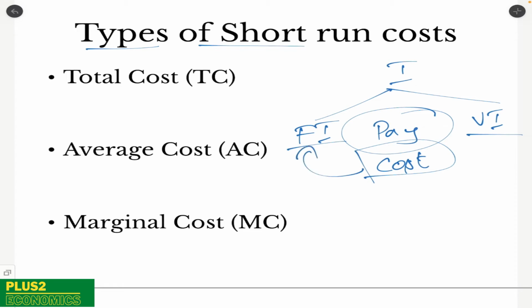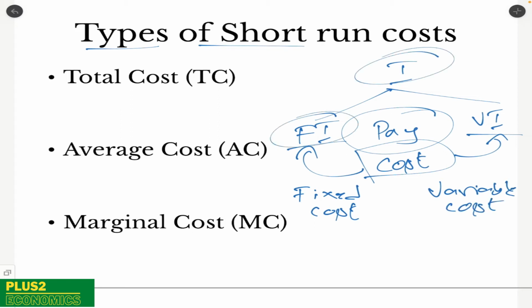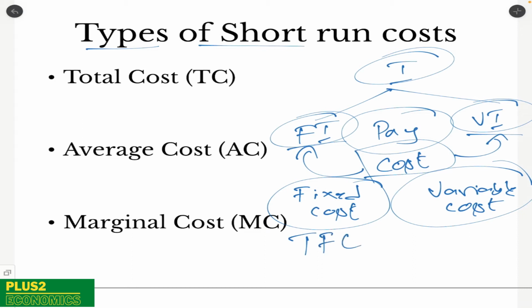So the cost that we incur in order to procure the fixed inputs becomes the fixed cost, and the cost that we incur to procure the variable inputs become the variable cost. Simple. So inputs are of two types, fixed inputs, variable inputs. To procure the fixed inputs, we incur fixed cost. To procure the variable inputs, we incur the variable cost.